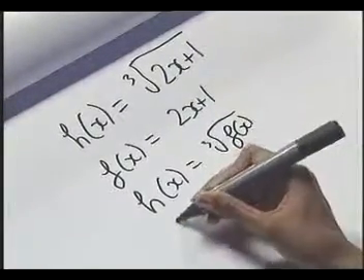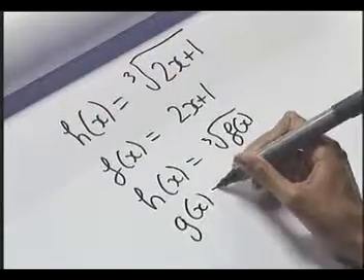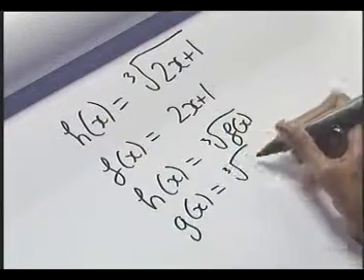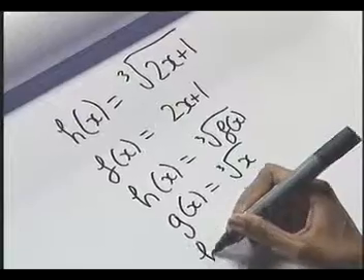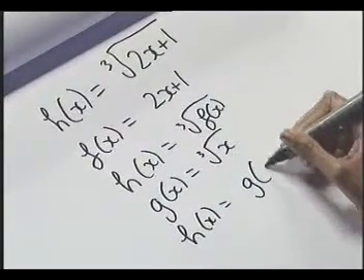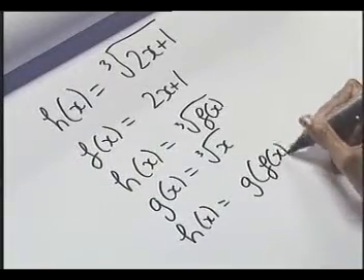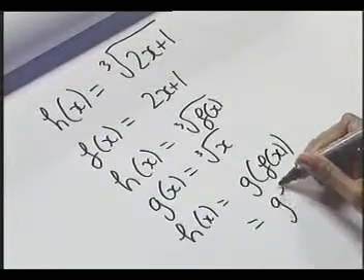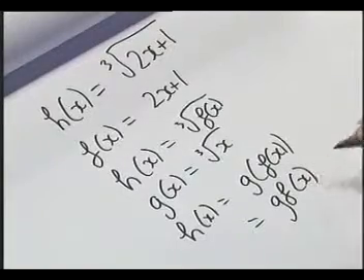So then if we set g of x to be cube root x, we get that h of x is g of f of x, so that's g f of x. Being able to decompose functions will be very important when you come to do things like integration and differentiation.